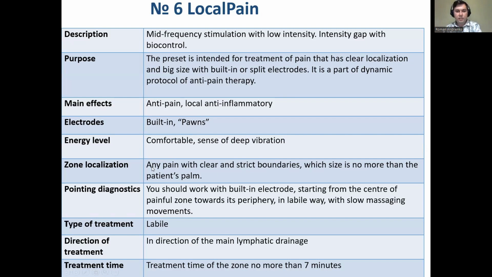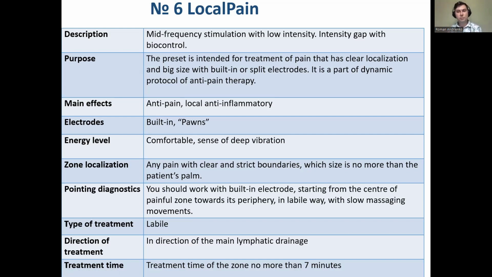Any pain with clear and strict boundaries, with a size of no more than the patient's palm. You should work with the built-in electrode here, starting from the center of the painful zone towards its periphery in a labile way with slow massaging movements. This is how it goes.